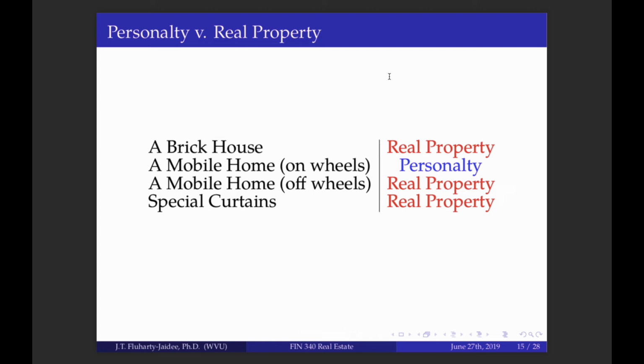So if you had special curtains designed for your windows, and they were not standard windows, then that would be part of the real property. If you had curtains designed for a pretty standard American window that could be removed and put on another window, then that would be personality. Okay? They would not be real property then.